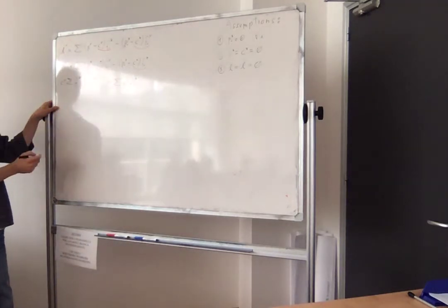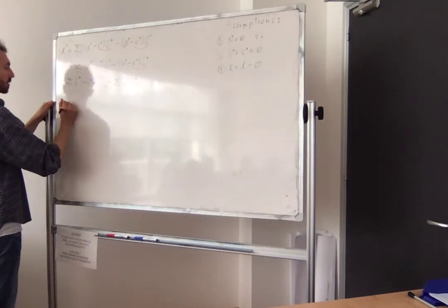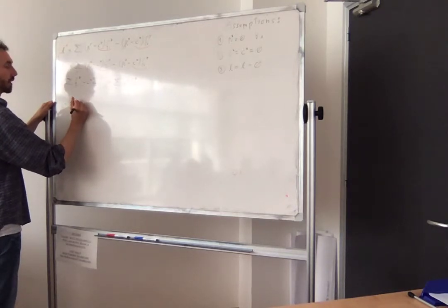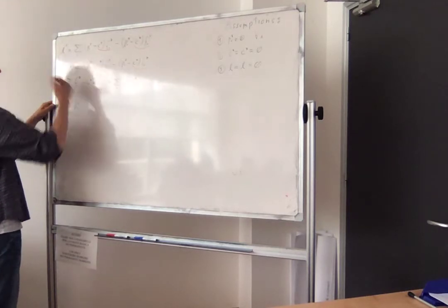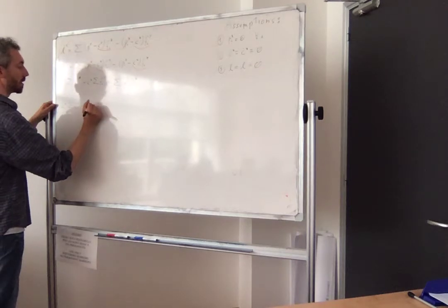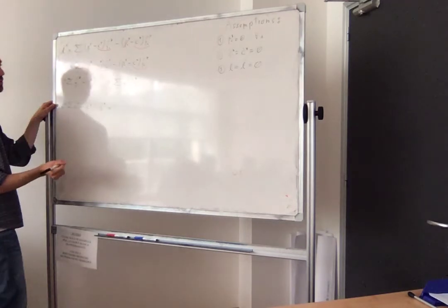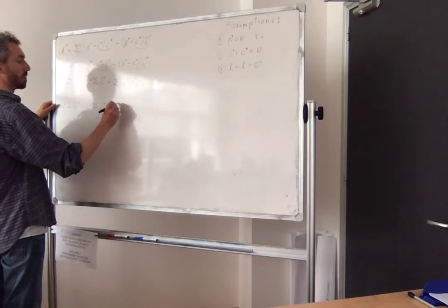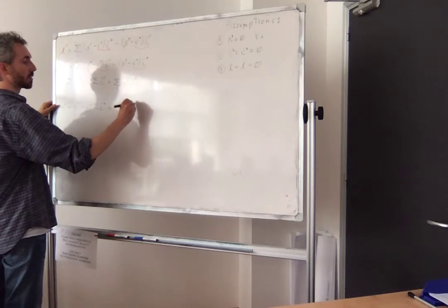That's the first equation. And the second is Cz times summation of Fix, minus Cx summation of Fiz, which is equal to minus summation of Pix Fiz.